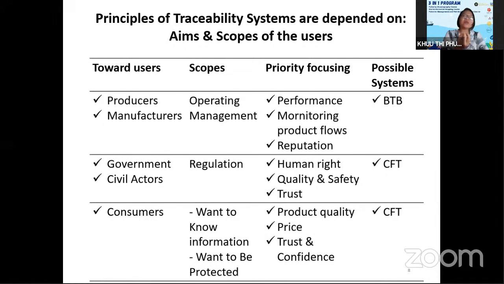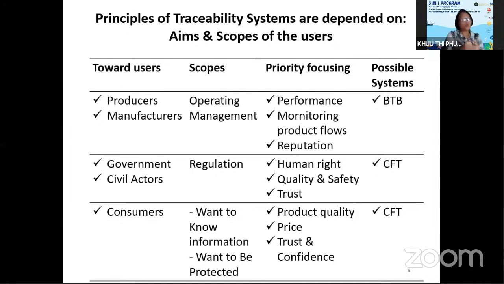And I already introduced you to the B2B system and the CFT traceability system. The B2B system can share information between the producers and manufacturers or processors. It means that those systems share information along the agents on the producer side.